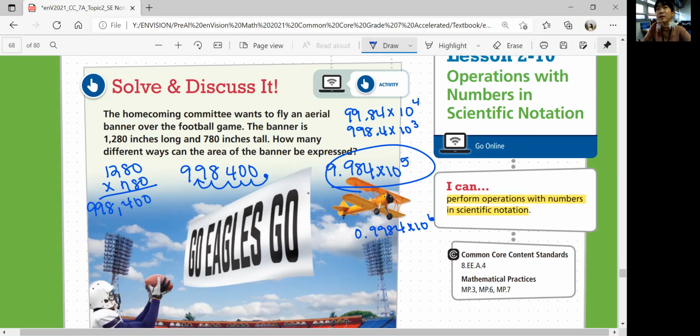There are many, many ways to express the same number. But in terms of scientific notation, there is only one way. Your first factor needs to be a number less than 10 and greater than or equal to 1.